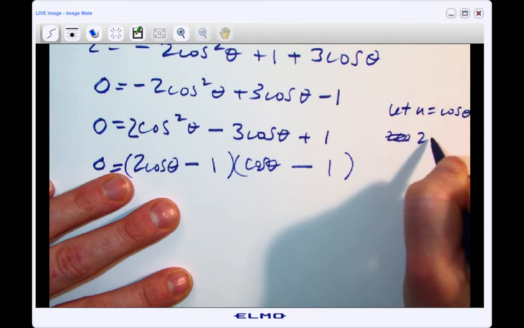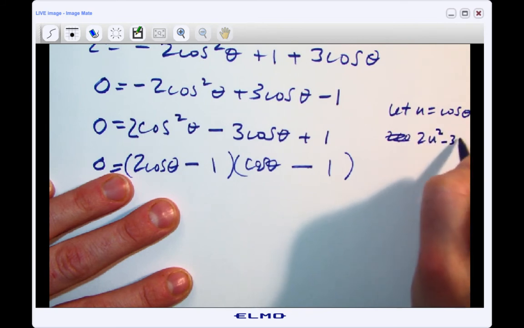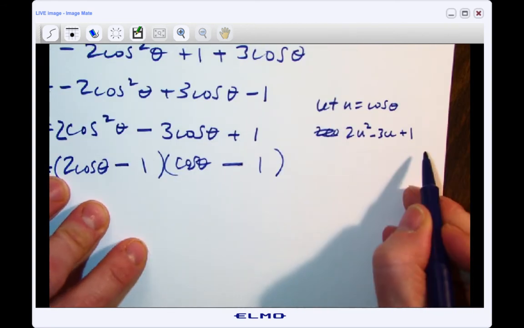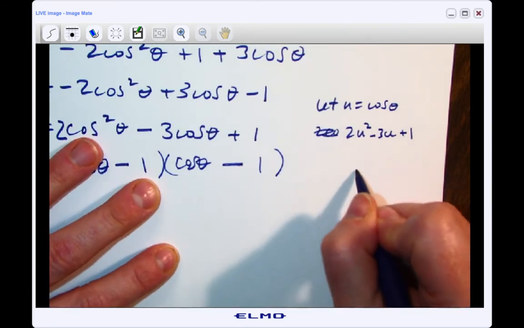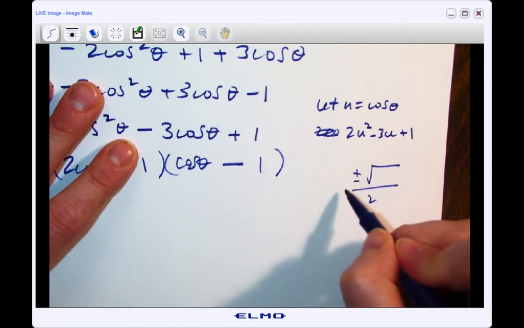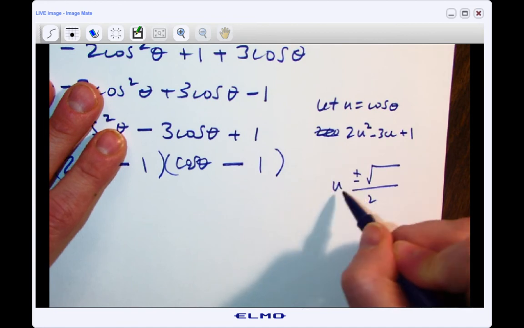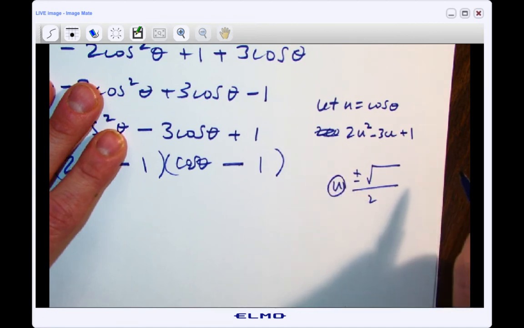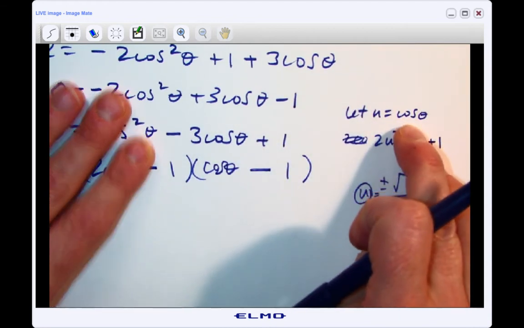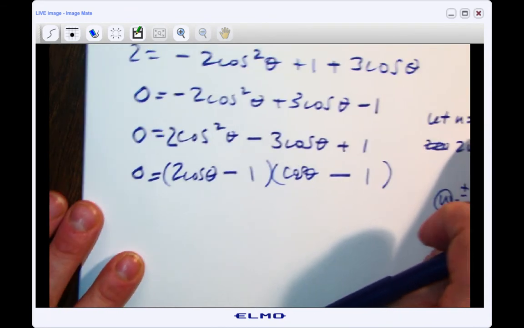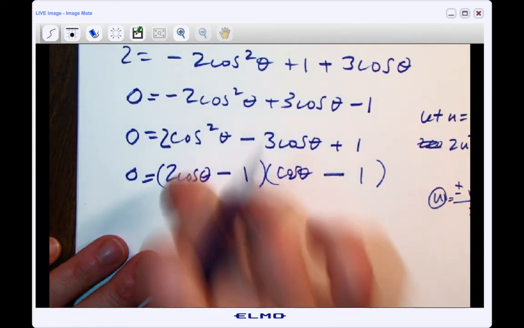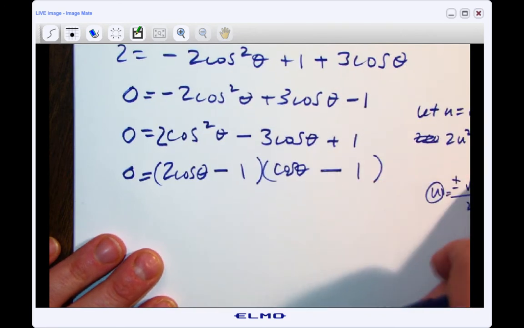Then use your quadratic formula on this thing, but when you get to the end, you'll have plus or minus the square root of something all over something, right? Remember that you'll have u, but you have to change that back to cosine. So if you do have to do the quadratic formula, I suggest that you do this. That makes it a lot easier. You know that you're solving for u, not for cosine, right? So then you have to go back and replace it.